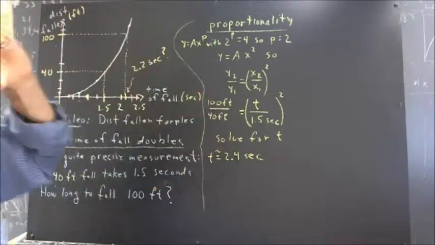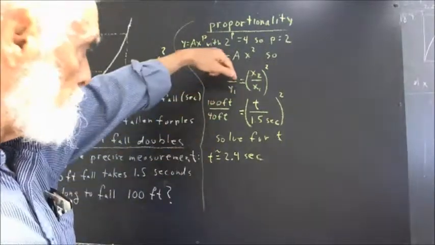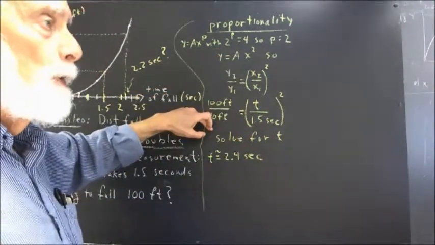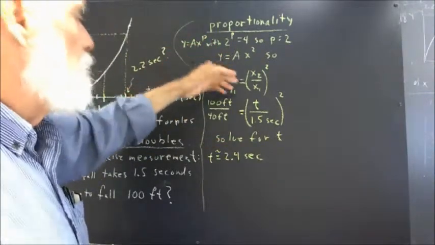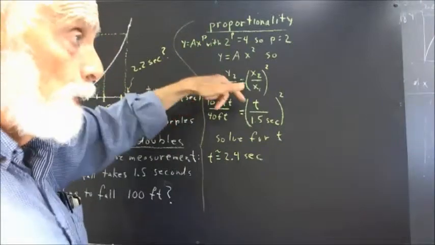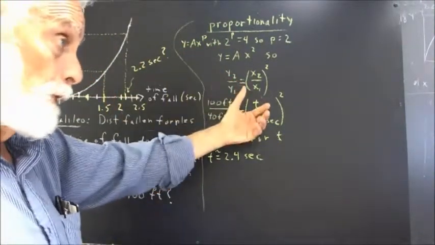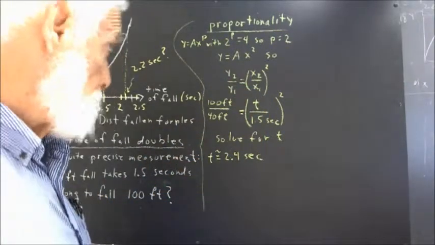Okay, I made a bonehead mistake there. 1.5 squared is 2.25. This is 2.5. If I take the square root of the product of 2.25 and 2.5, the result is going to be more than 2.25 and less than 2.5. And it's actually going to be pretty close to halfway between.